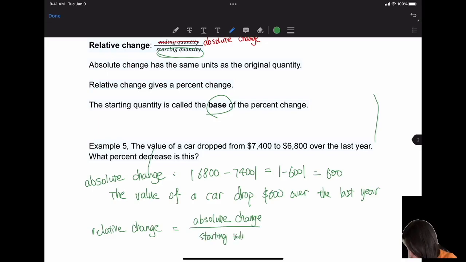So the absolute change is what? By the previous step, we know that it will be 600. And the starting value is what? The price is 17,400.